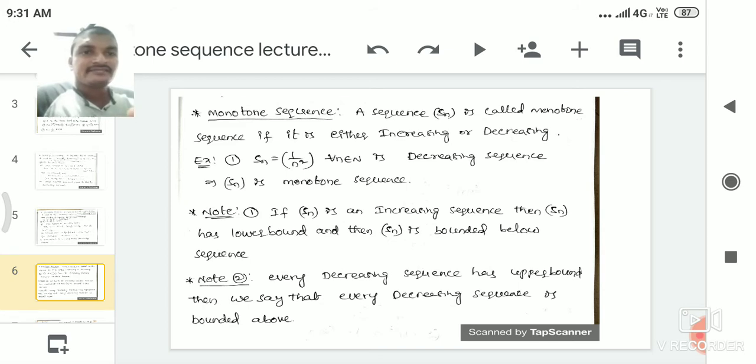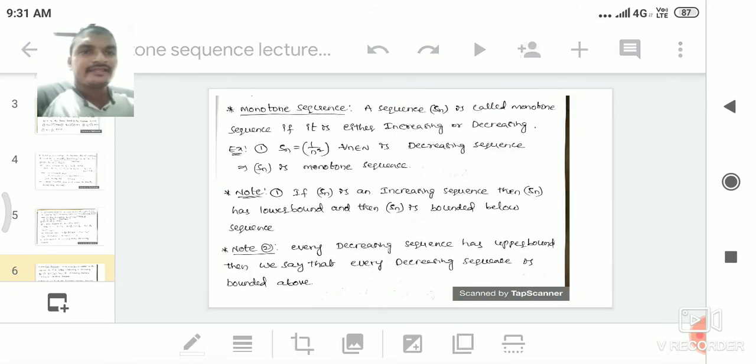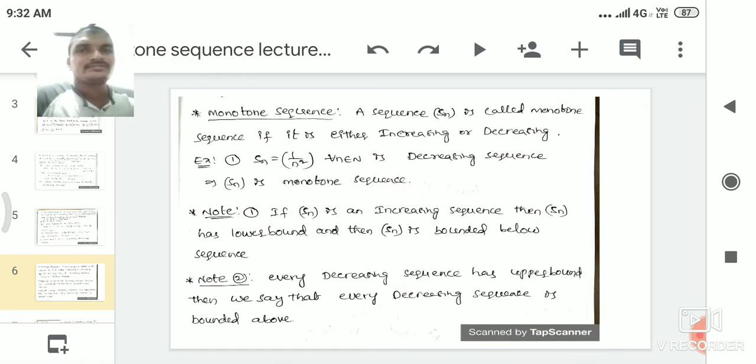Every decreasing sequence has an upper bound, that is S1. S1 is greater than or equal to S2 is greater than or equal to and so on, so S1 is the greatest value. Then we say that every decreasing sequence is bounded above. Every increasing sequence is bounded below.